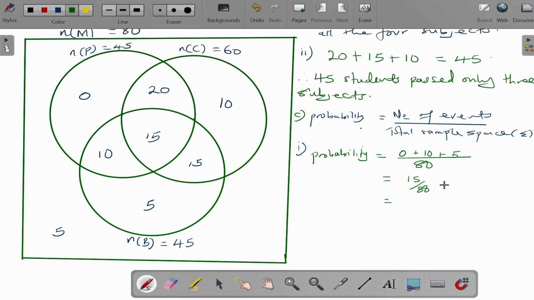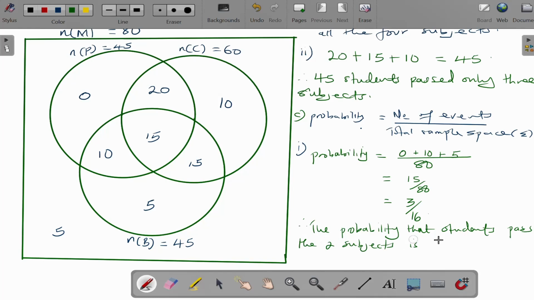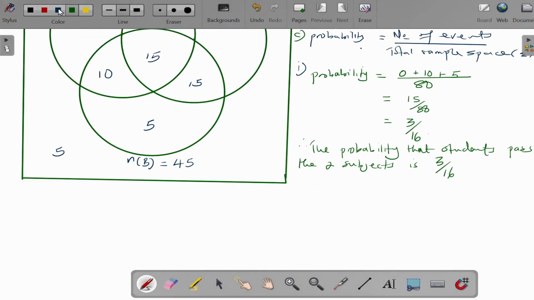We can reduce it by 5, we get 3 over 16. So that is our answer. Therefore the probability that a student passed 2 subjects is 3 out of 16.